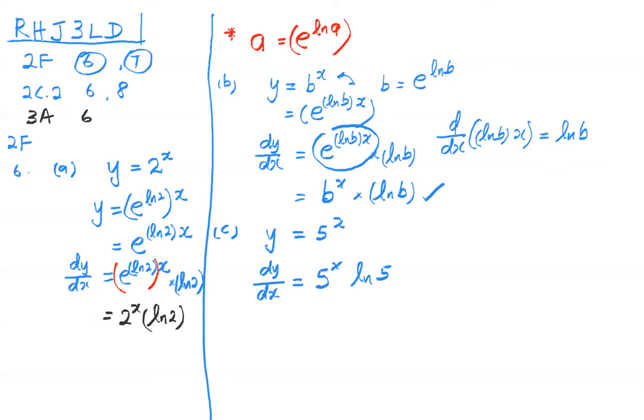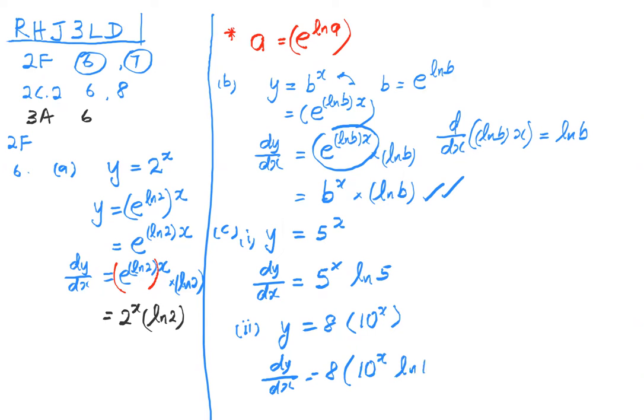And for part D, y equals 8 times 10 to the power x. So dy/dx is 8 times, following this formula, 10 to the power x times ln 10. That's it. Are you okay? So that will be your 6a.